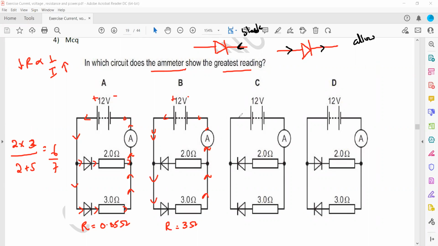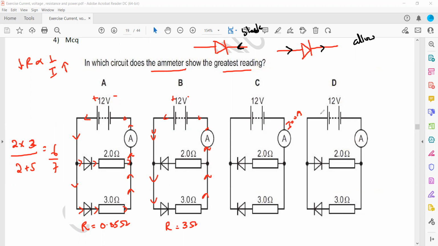When we check circuit C, this diode will block, and the other diode will also block because the current cannot pass through from the direction of the plus or the line. So there's no current in the circuit, so the reading of the ammeter here will be 0 amperes.